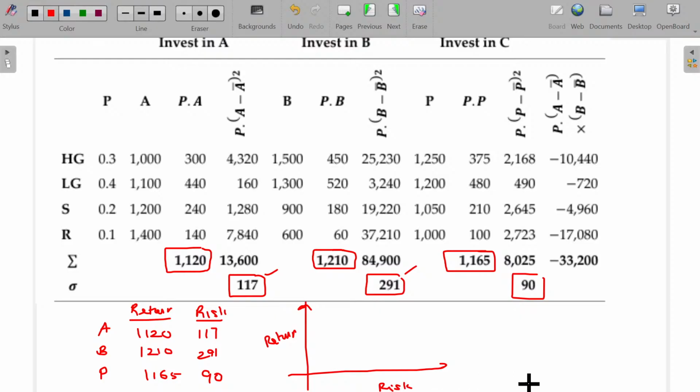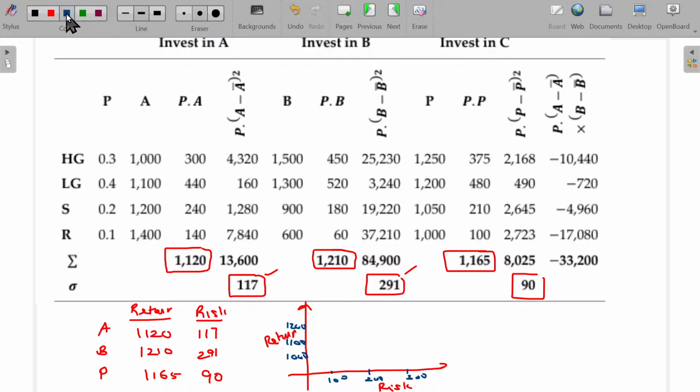X-axis is all about risk, y-axis is all about return. I'll start with the baseline 1000, 1100, 1200. In case of risk, I'll start with 100, 200, 300. I plot here.